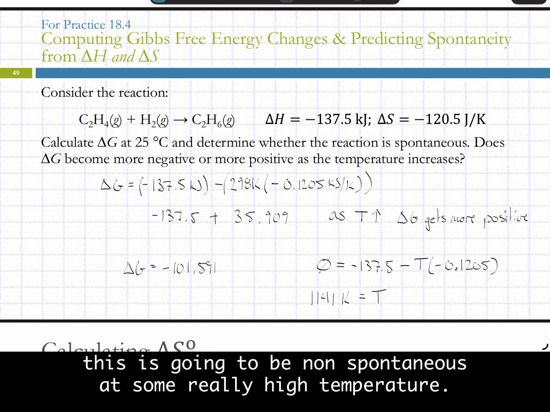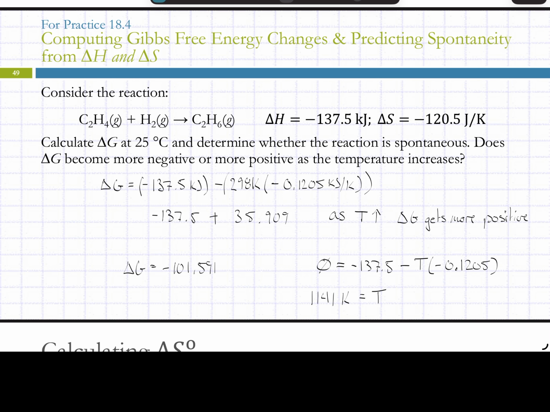Which is why this is going to be non-spontaneous at some really high temperature. How did I see that as a plus?